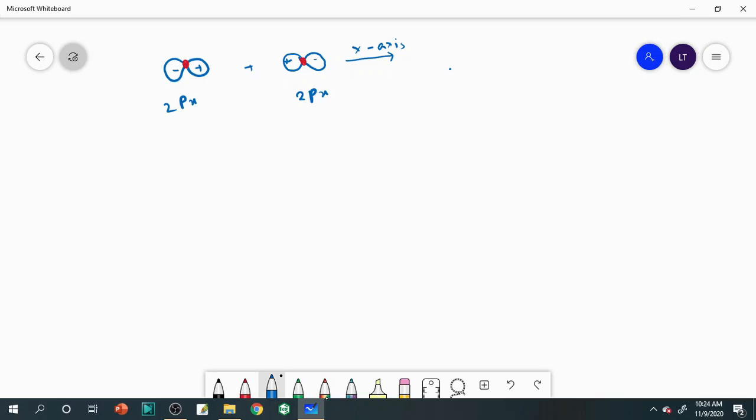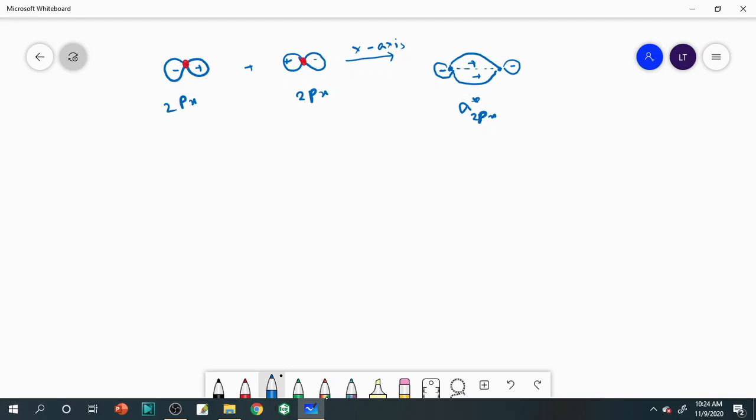and the pictorial formation will be like this. This is one nucleus, this is another nucleus, and since it is a bonding interaction, in the middle there will be accumulation of the positive charge, and on the outside there is a small amount of the other charge. So this is negative. So this is actually 2 sigma 2px star.